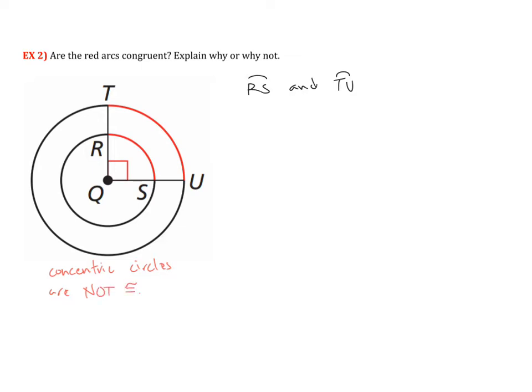So because I do not have congruent circles, this tells me that my two arcs, arc RS and arc TU, are not congruent. And the reason for this is because the circles are not congruent.